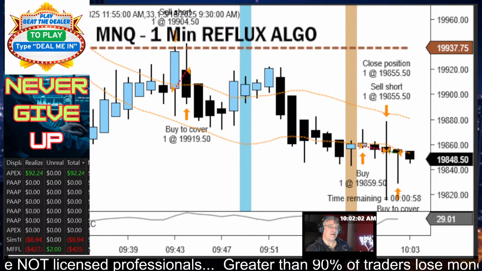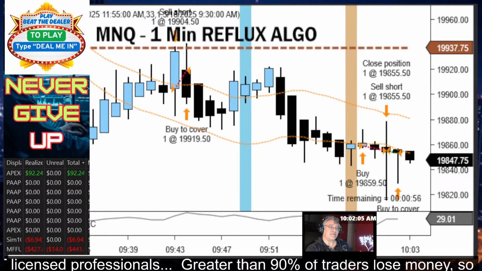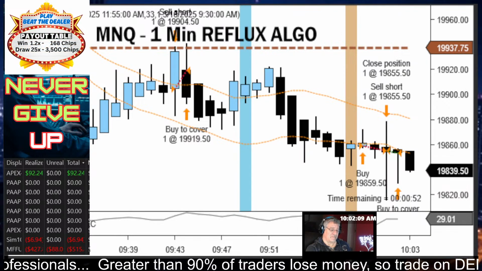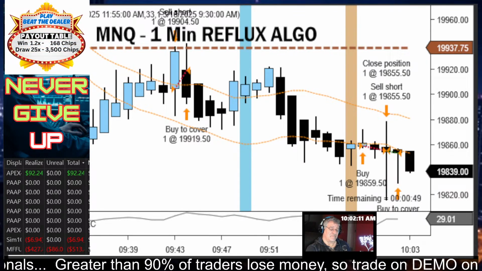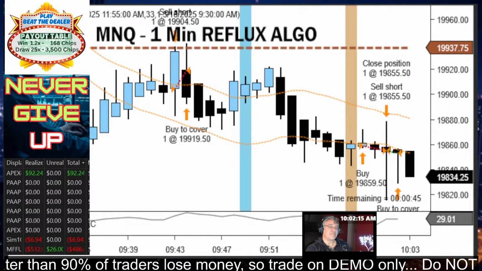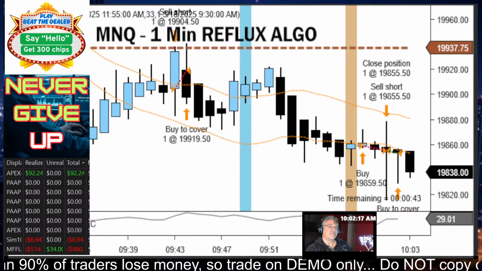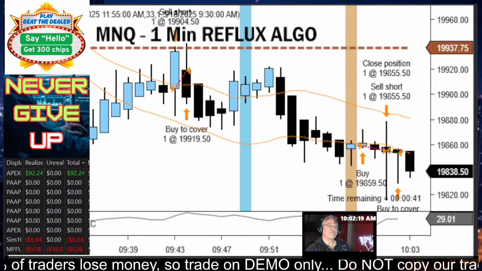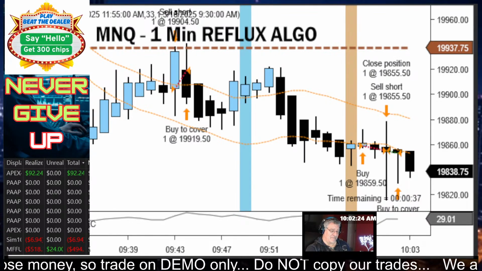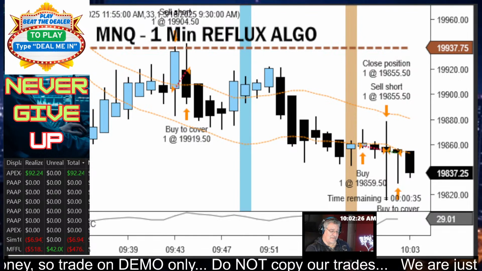We got an inside bar. Let's see if we can break the inside bar to the upside. Well, let's break it out of the downside. Come on, don't give me a 1 bar. Let's get 38.